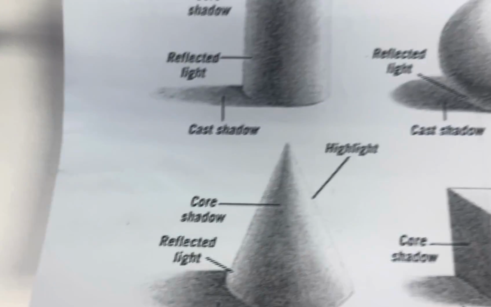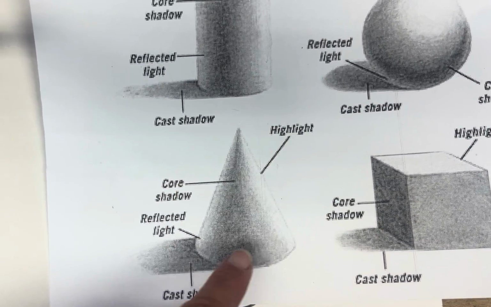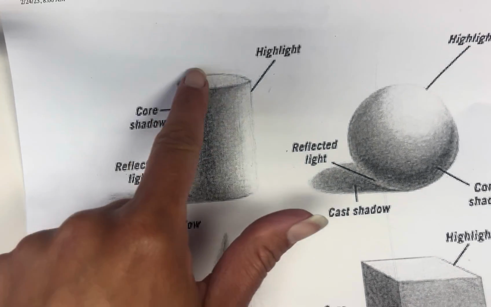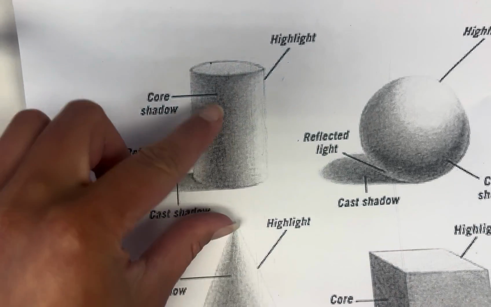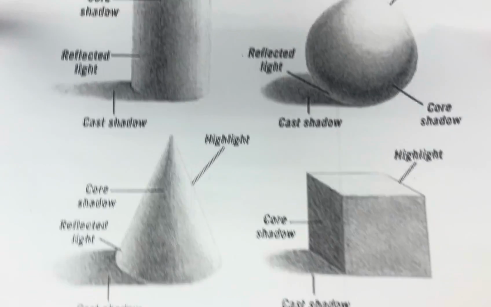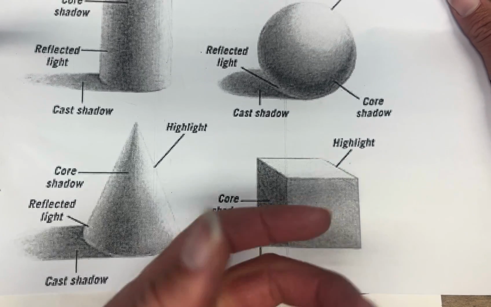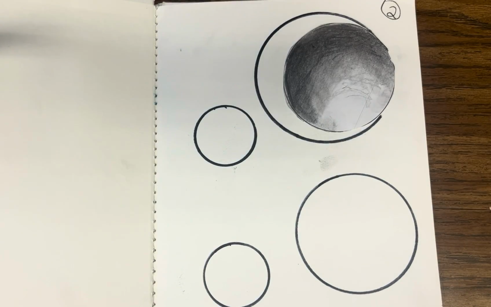You might have a 3-dimensional cone repeated by triangle shapes. You might have a cylindrical form repeated by other cylinder shapes. You might have a cube repeated by squares. So now what you're going to do is create.